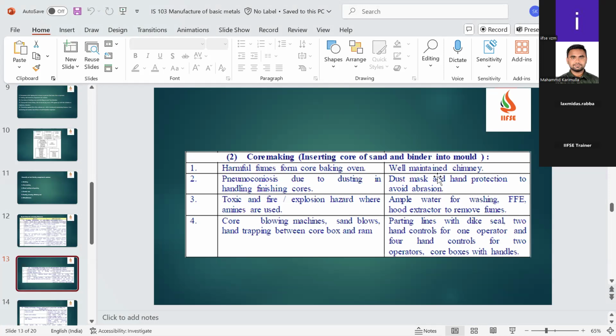So here we need a well ventilated chimney to take out the fumes generated from the baking process.